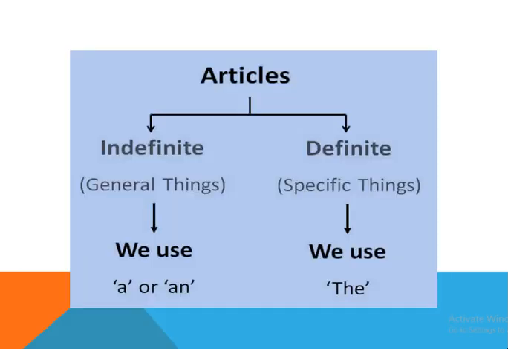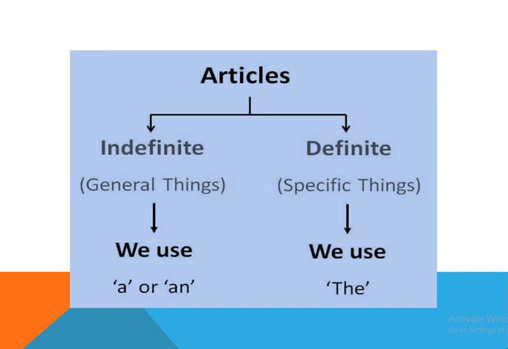The first is articles. You know very well what are articles, I think. A and the are called articles and there are two types of articles. Indefinite articles and definite articles. A and an are indefinite articles because we use a or an for general things.